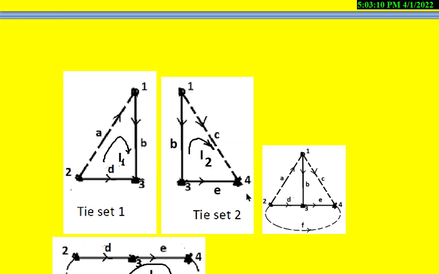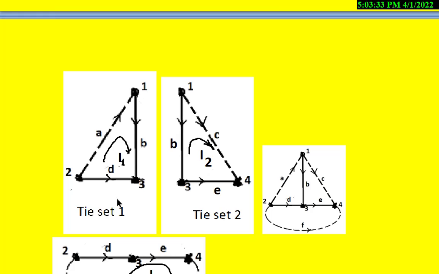Now, a Tieset means it will have only one link and the rest of the elements are twigs, they are thick lines, whereas links are shown by dotted lines. And we also assume the loop current direction as per the wish.